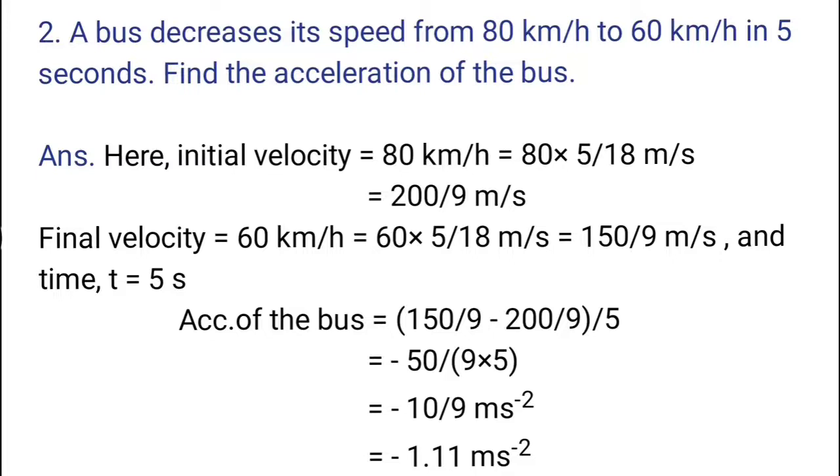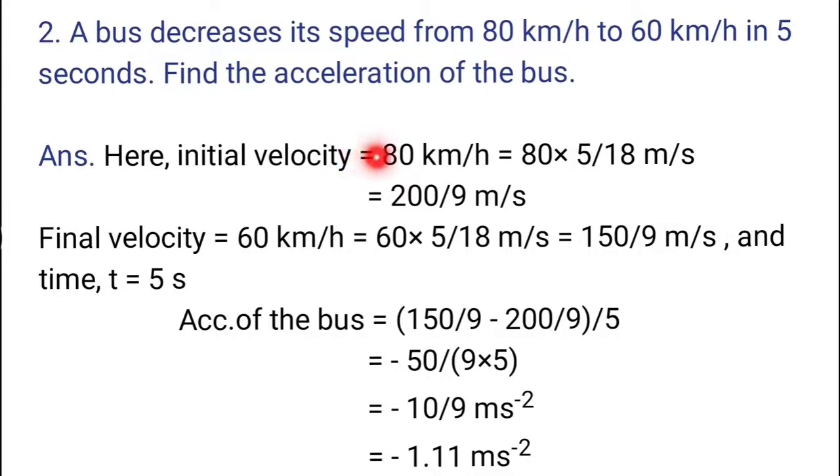We have the initial velocity as 80 km per hour. First of all we have to convert it into meters per second. In our previous class we learned that whenever we have to change kilometer per hour to meter per second, we just multiply by 5 by 18.